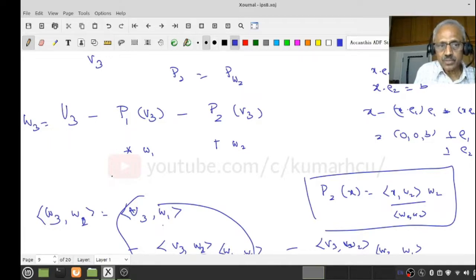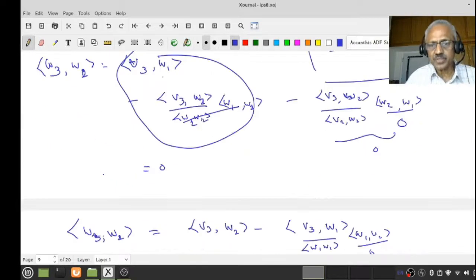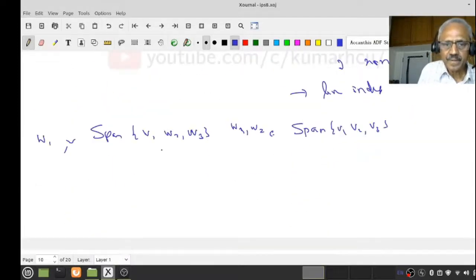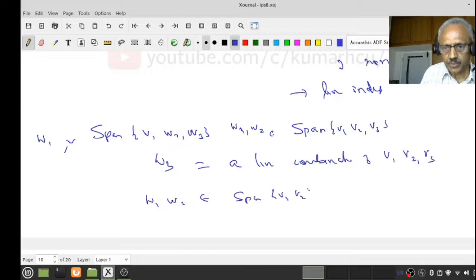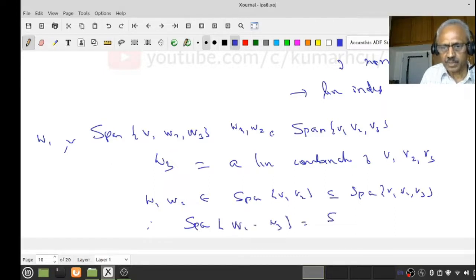Therefore, W3 is a linear combination of V1, V2, V3. And we know W1, W2 already belong to the span of V1, V2, and hence the span of V1, V2, V3. Therefore, the span of W1, W2, W3 is the span of V1, V2, V3.